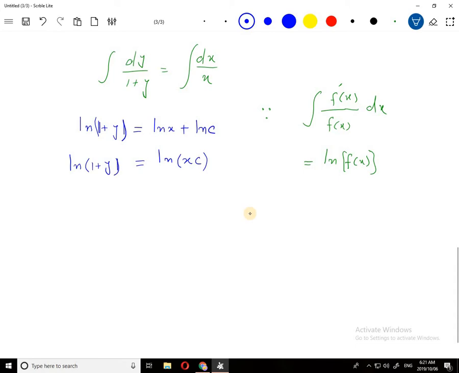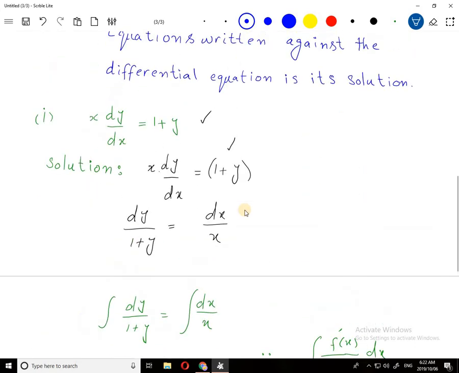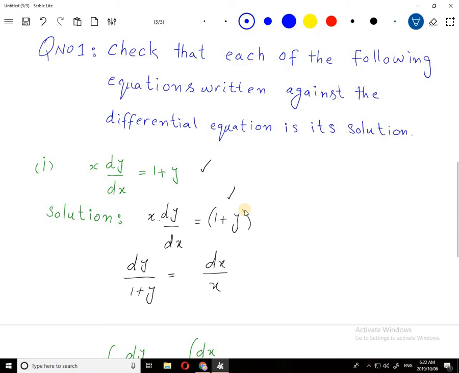Okay, if I take anti-log on both sides, the answer is this one. Log and anti-log cancel out, so y is equal to cx minus 1, which was my requirement, and this is the equation that was given in the question that I really needed to prove. That is y equals cx minus 1.